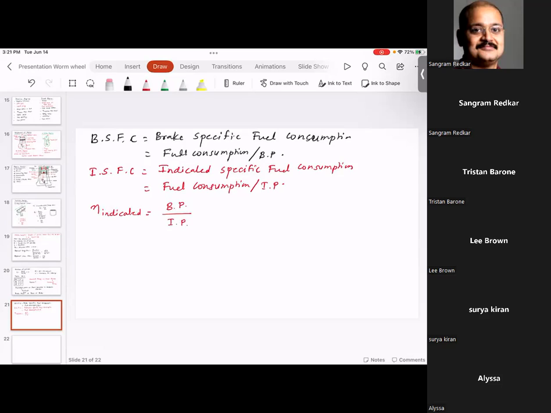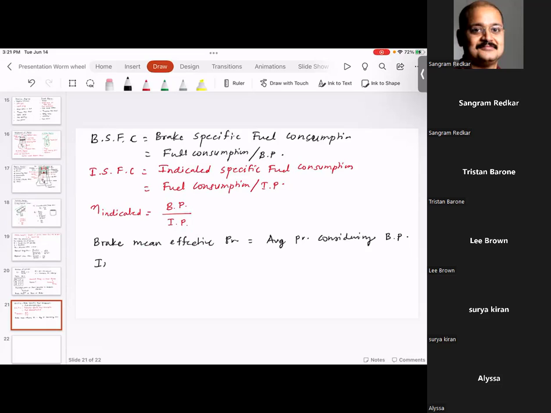And the average pressure inside the cylinder can be calculated multiple ways. If you consider the pressure inside the cylinder considering the brake power, it is called the brake mean effective pressure, which is the average pressure considering brake power.